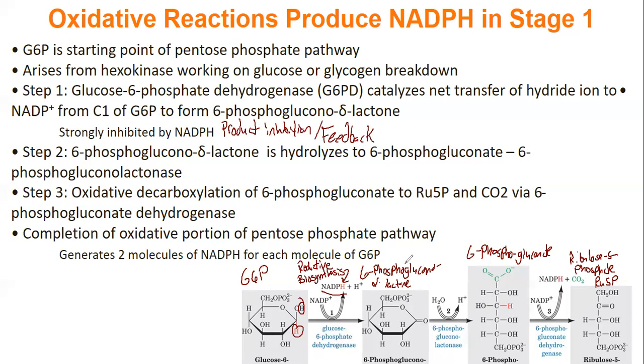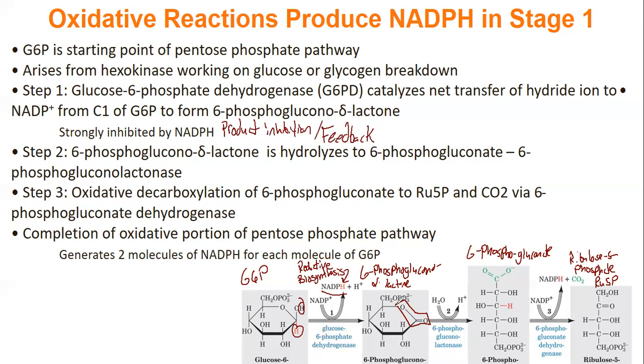So from there, we make 6-phosphogluconolactone. What a lactone is simply the group that I'm highlighting here. It's this oxygen in a bond and then C double bond O. That's our lactone. Once we have our lactone, we're going to hydrolyze it to form 6-phosphogluconate.